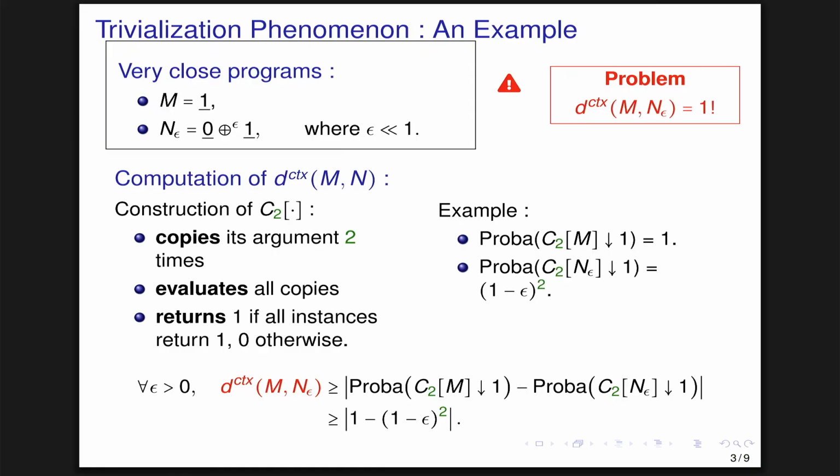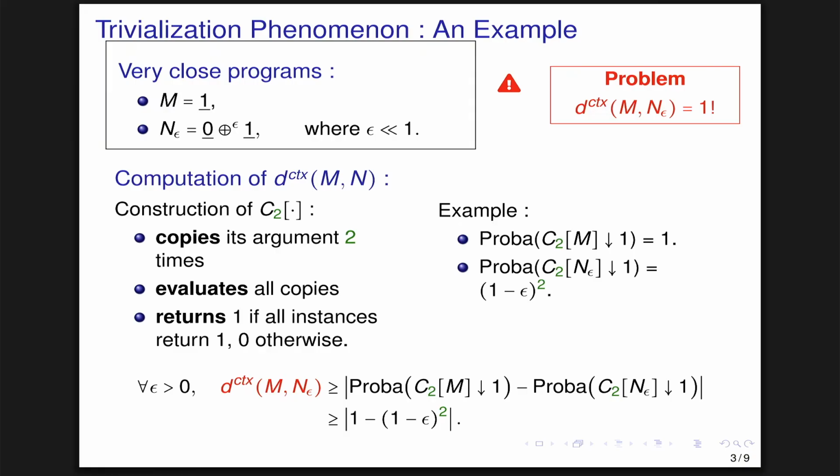For the first instance, we construct C2, which takes two copies of the program, evaluates each copy independently, and returns 1 if all instances return 1 and 0 otherwise. So when I put M in the context C2, I get probability 1 for the first program, but for the second program, (1 minus epsilon) to the power 2, since each instance gives 1 minus epsilon.